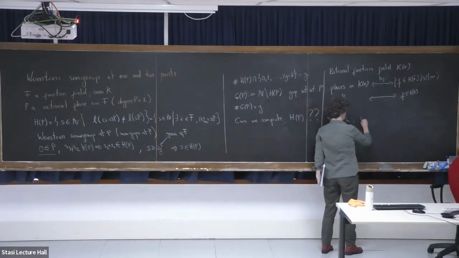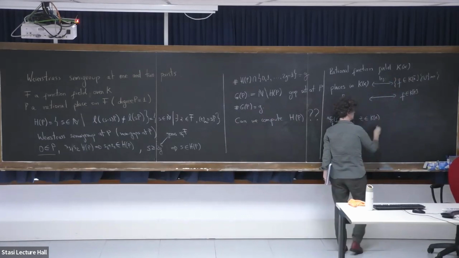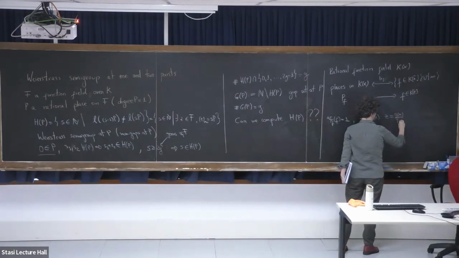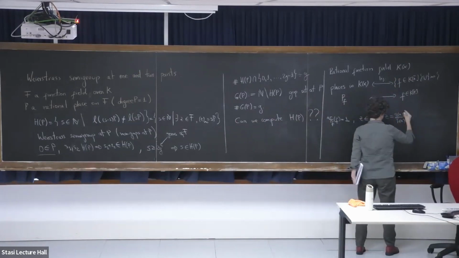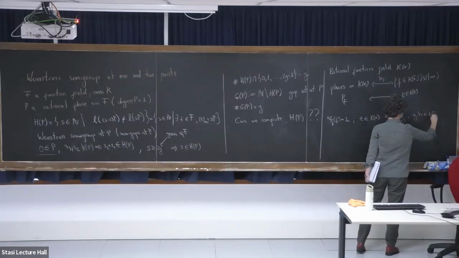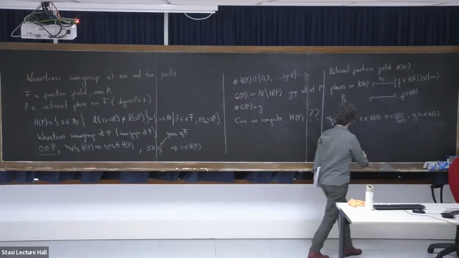Well, if you take Z here, a rational function, we know that you can write Z equal to, let's say, G(x) over H(x), for G and H polynomials. Okay.